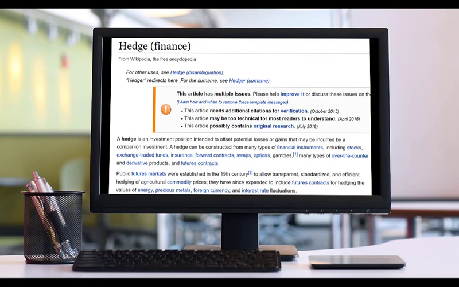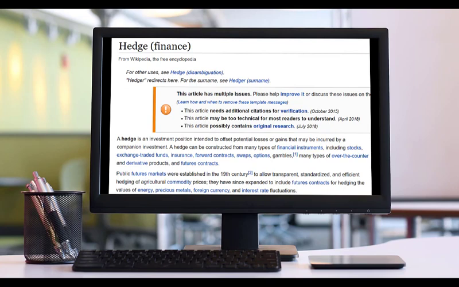Public futures markets were established in the 19th century to allow transparent, standardized, and efficient hedging of agricultural commodity prices like cattle, pigs, corn, wheat.